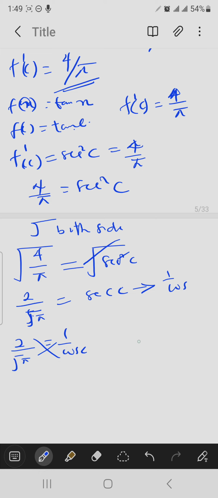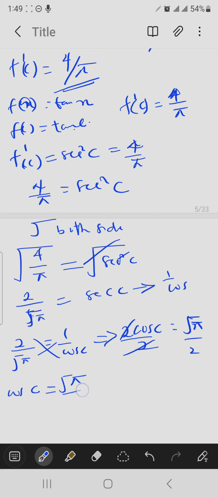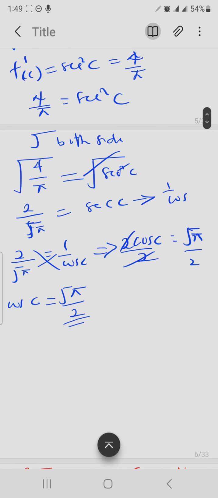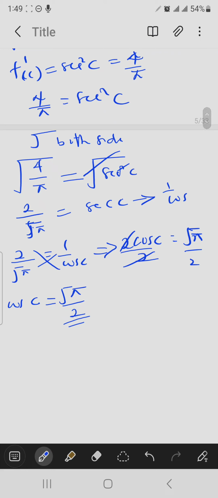So when you cross multiply like this, you're going to have 2 cos C equals to what? Root pi. So now when we divide both sides by 2, this one cancels this. You have cos C equals to what? Root pi over 2. So now we want to calculate C. So we are going to find the inverse of cos.